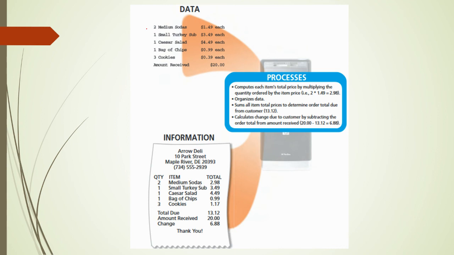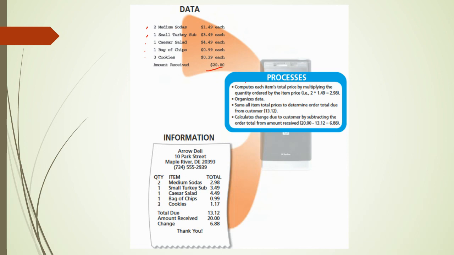So you buy two medium sodas, small turkey, or ibutang nato sa restaurant kay consumable man ni. So Caesar salad, bag of chips, three cookies. So those are data, and the amount received, the cash na imong gibayad. So here, tanang input ani niya, tanan nimong gipamalit, tagsa-tagsa na siya.